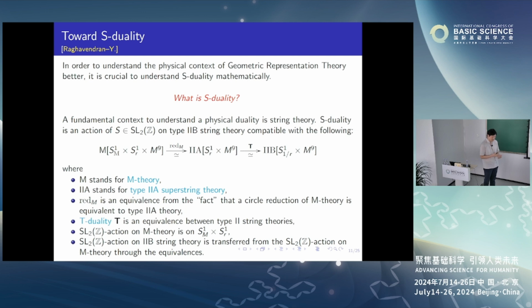Mathematically it's impossible at the moment, and even physically it's really hard to understand. So the strategy would be to try to understand a version of this statement to make sense of S-duality. We just want to understand a part of what is called S-duality.